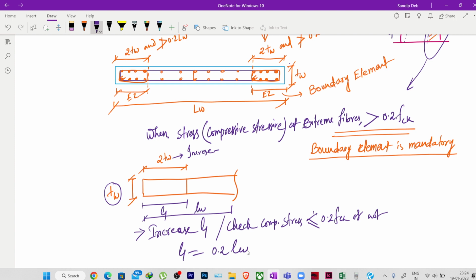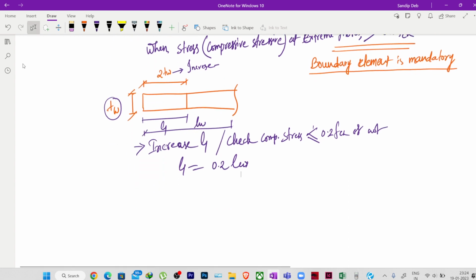So when this length reaches 0.2 LW and still the stress is not less than 0.2 FCK, or at least not equal to 0.2 FCK, then the next thing we will do is increase the TW. Okay, then we will start increasing the TW.